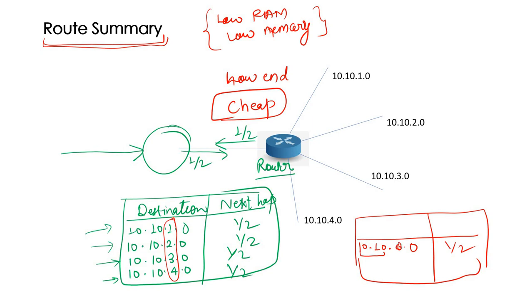We have just one entry rather than 4 entries. So this saves the memory of the routers and also the lookup in the routing table. This is called route summarization. We summarized 4 routes into a single route. We have manual route summarization and automatic route summarization. As we go further, we will keep learning these things, so don't worry about that.